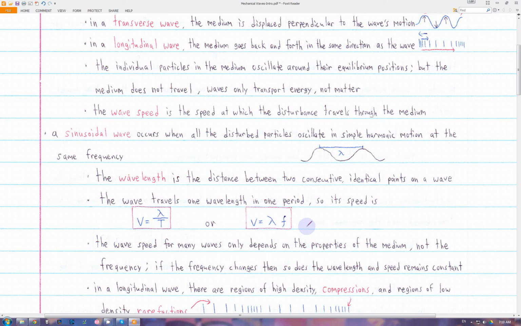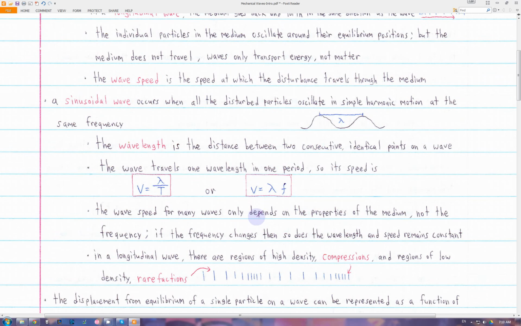Now, if the frequency increases, the wavelength will decrease, and so this product, the wave speed, will remain the same. So the frequency, wavelength, amplitude, and other properties of the wave itself do not affect its speed. Only the properties of the medium can affect its speed.